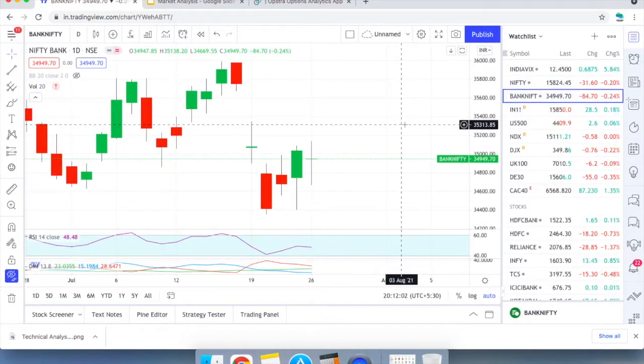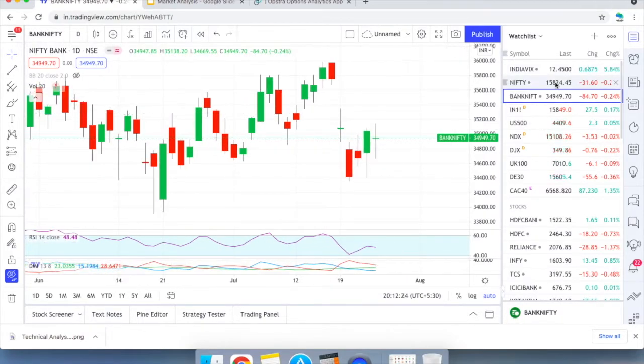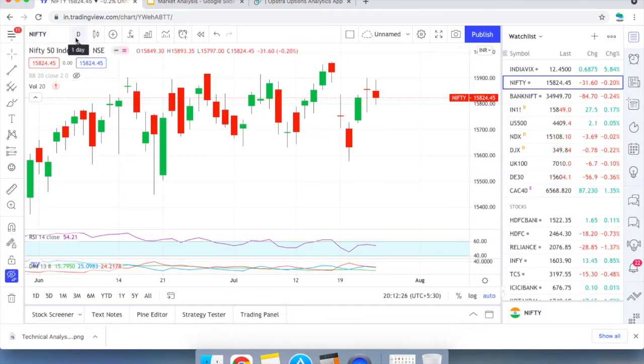And on Bank Nifty, we have a doji, right? Bank Nifty was kind of bullish last Friday, but today it's indecisive as to whether to continue the zigzag movement or to fall apart. So this is what the candlesticks say.